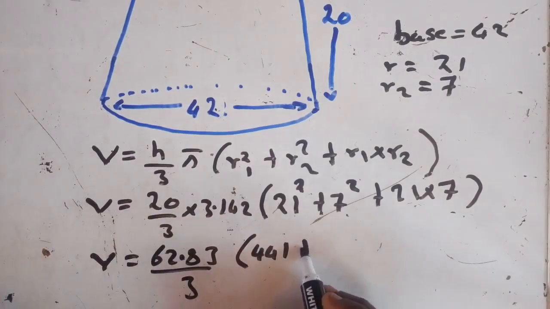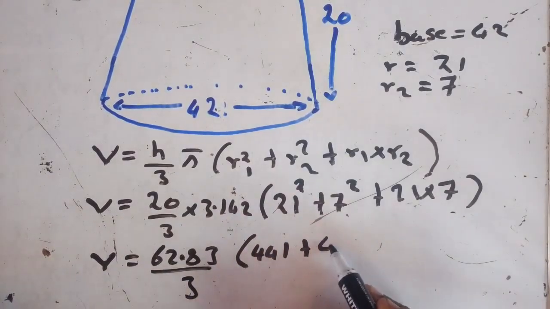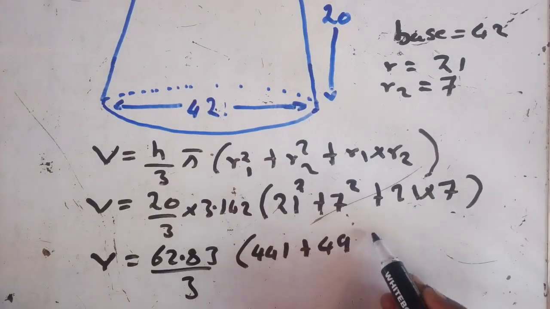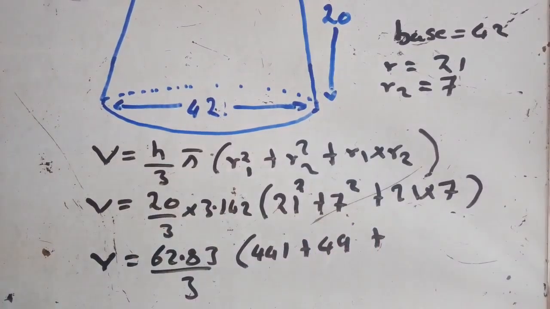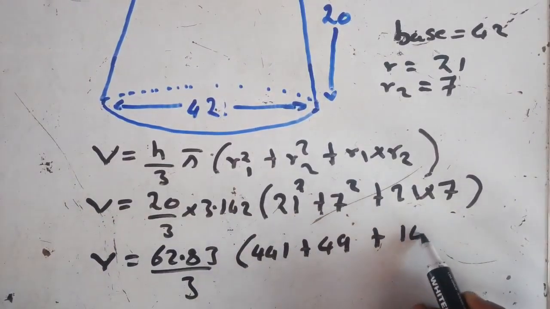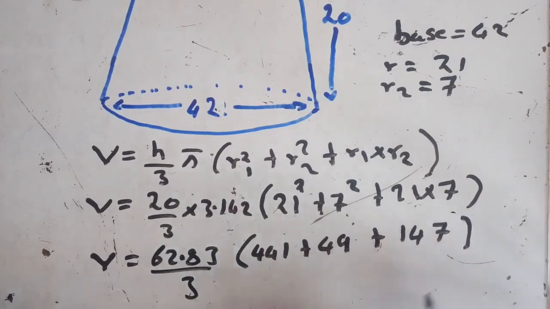So 441 plus 7 squared, which is 49, plus 21 times 7, which gives you 147. Then here you just add this.